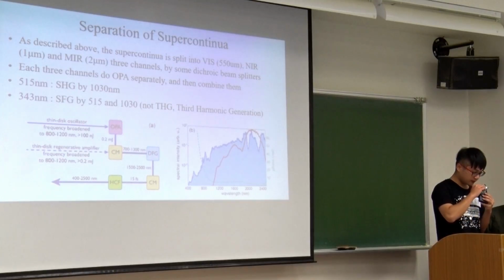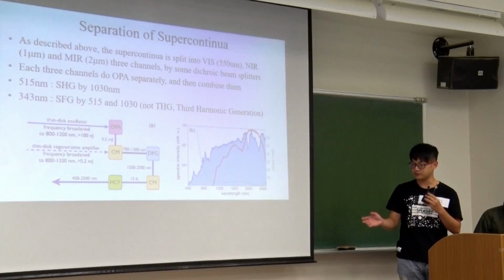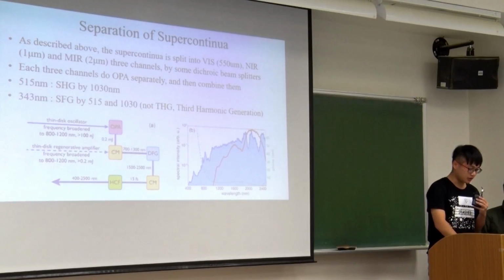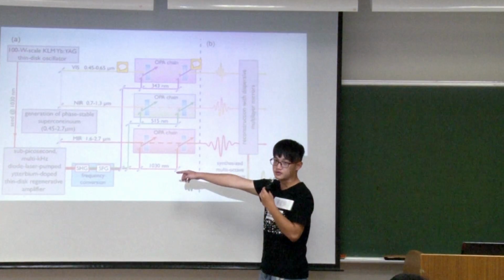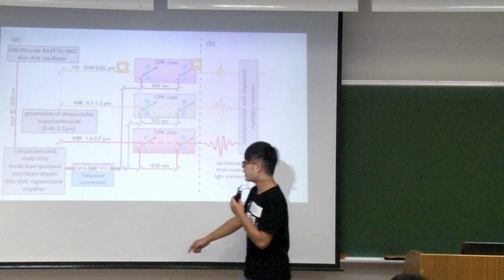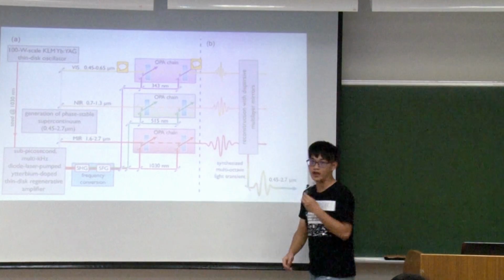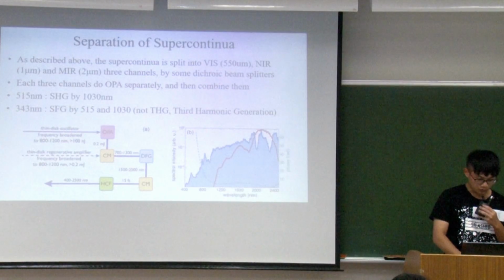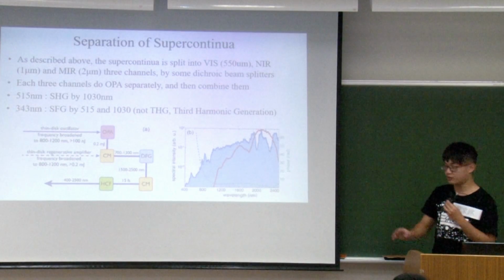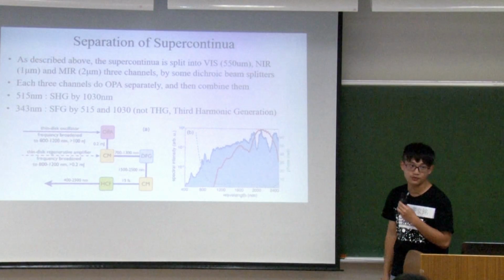And then how do we get these pumps? Well, we can just see in this graph. We do SHG and SFG first. Okay, so we have 1030 right here. After doing SHG, we have 515, and then note that we don't do TH3 or third harmonic generation to get our 343.